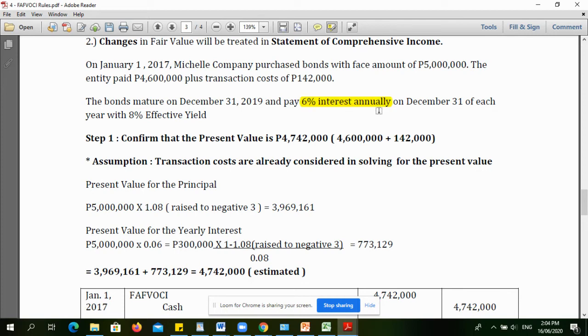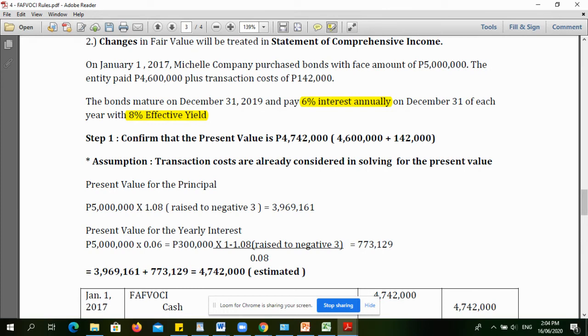This is the stated rate. Ibig sabihin nito, we receive 6% interest annually and 8% effective yield. So yung 8% na to, ito yung effective rate. So 6% is the stated rate and 8% is the effective rate.